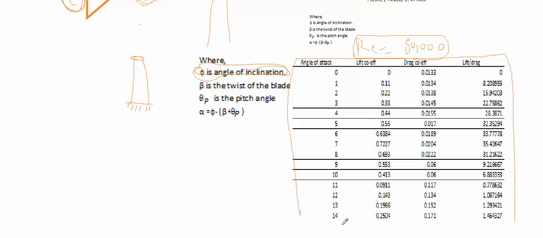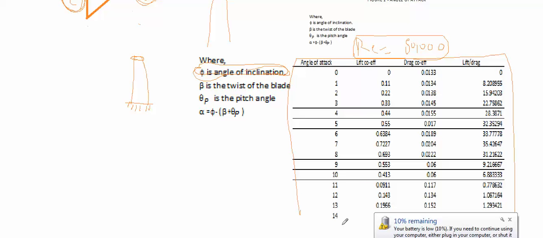The velocity of the wind experienced by a wind turbine is very low compared to the velocity of wind experienced by, say, an airplane or a jet. So that is the reason the Reynolds number has to be low, isn't it?